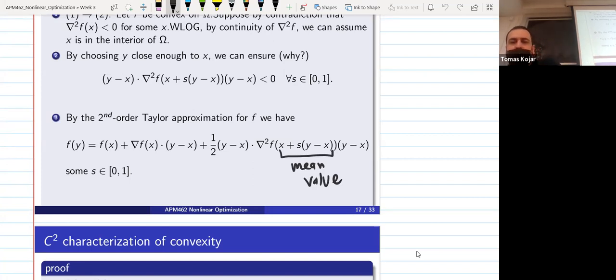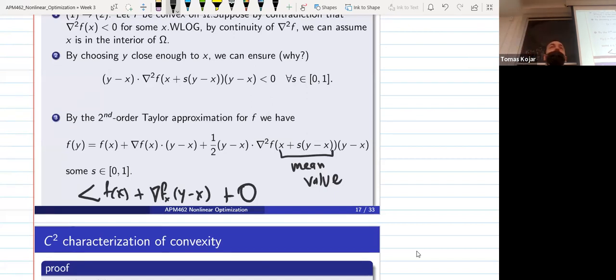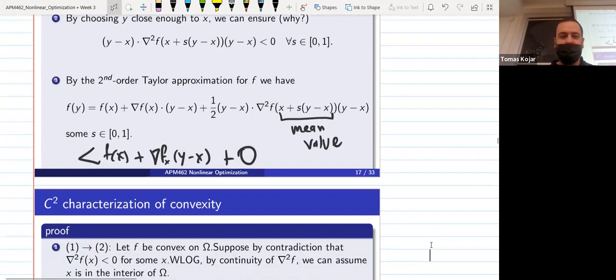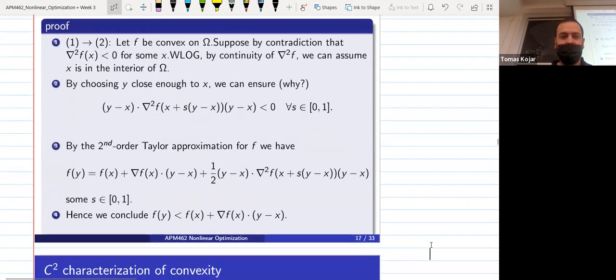So combining the two, you have the following upper bound: f of x plus gradient dotted with y minus x plus 0. Is that okay?